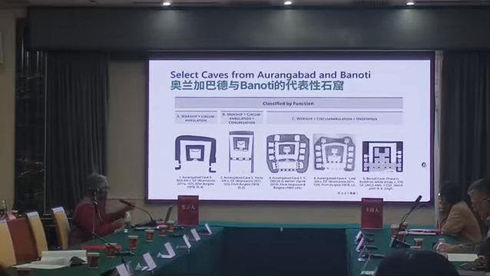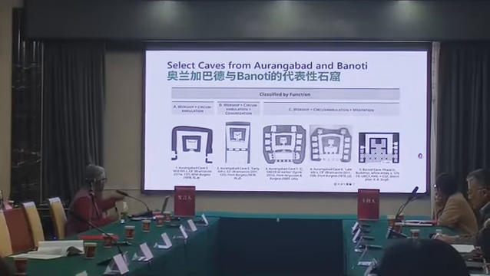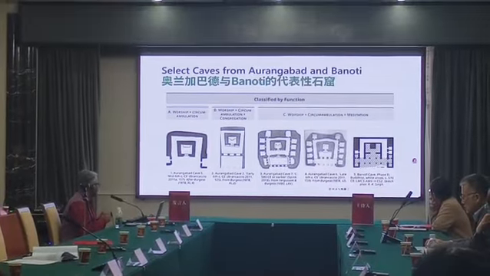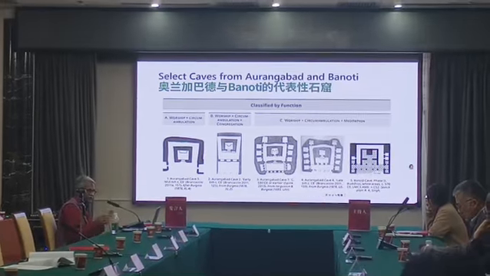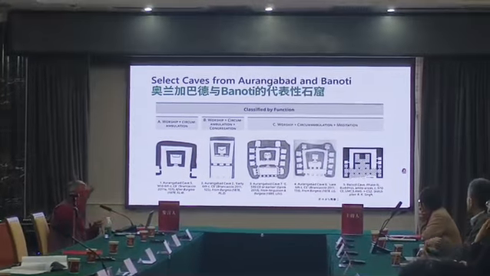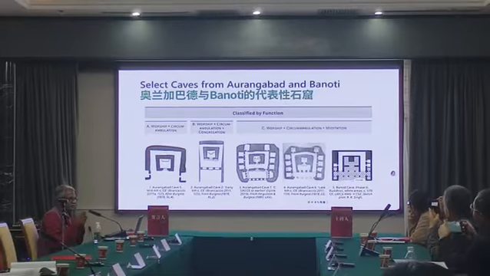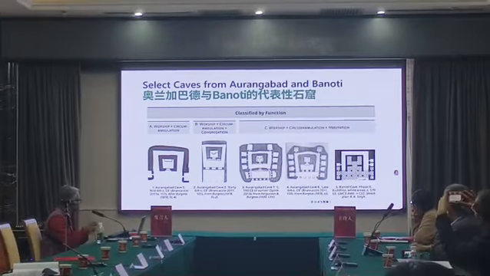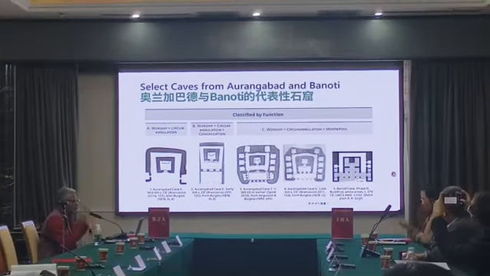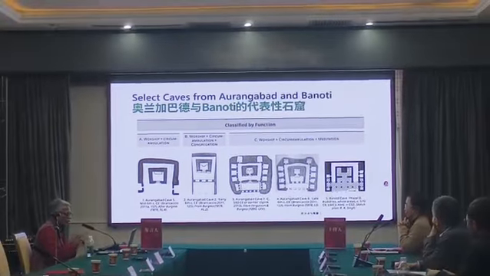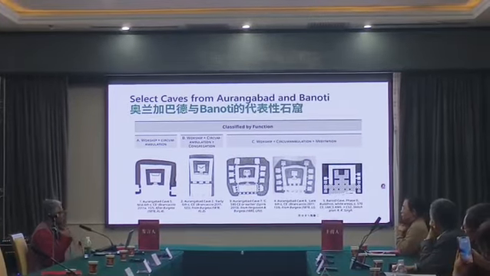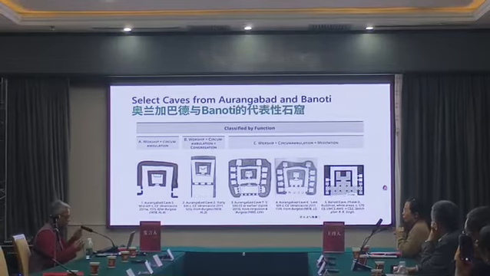So I made a schematic plan. But these plans were made earlier by archaeologists. Here also you can see a hall and the sanctum shrine inside the middle of the hall. This plan, as I told you earlier, never appeared before the 6th century AD.